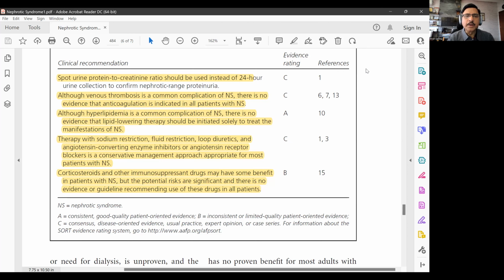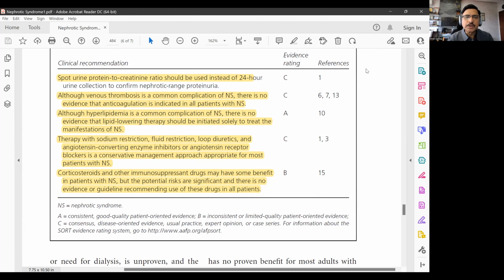Although hyperlipidemia is a common complication of NS, there is no evidence that lipid-lowering therapy should be initiated solely to treat the manifestations of nephrotic syndrome. Suppose you have some cardiac disease or some other condition which requires statins for the dyslipidemia, that is different. Just to treat nephrotic syndrome dyslipidemia, you don't require it.